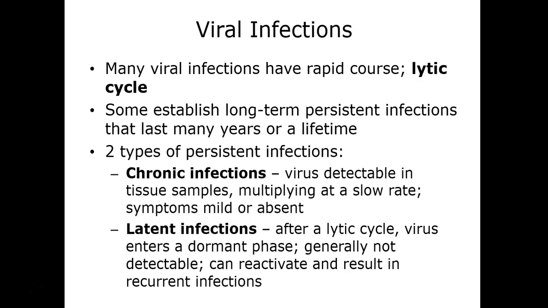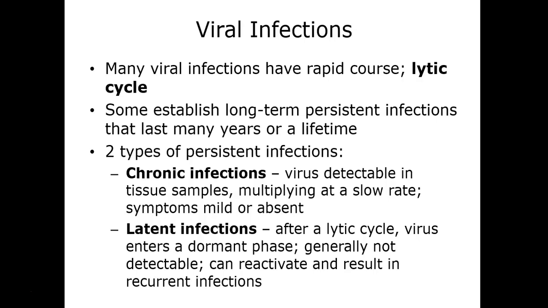Latent infections are ones where the virus enters a dormant phase and is usually not detected through any type of symptom or testing means. However, based on changes to the body, whether it's intensive surgery or you become immunocompromised due to other diseases, the infection can reactivate and reoccur in the body.